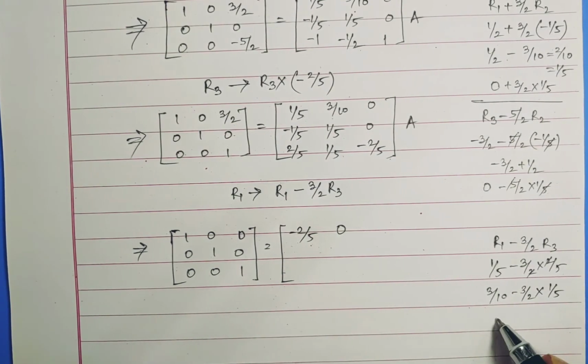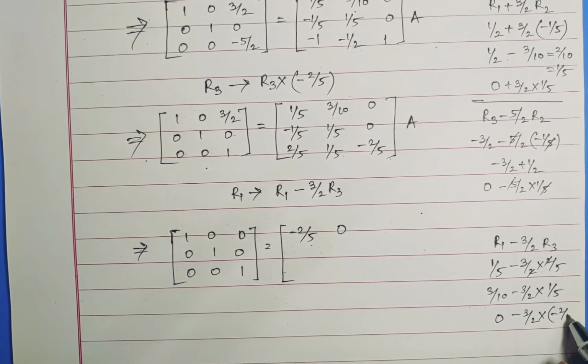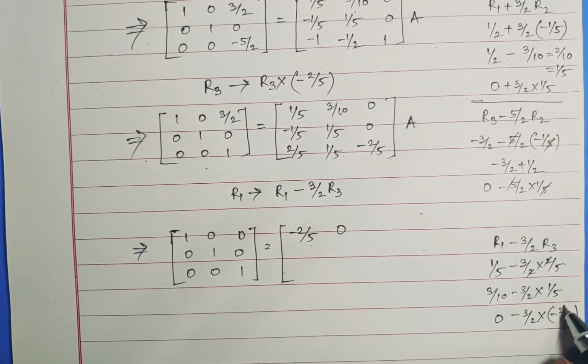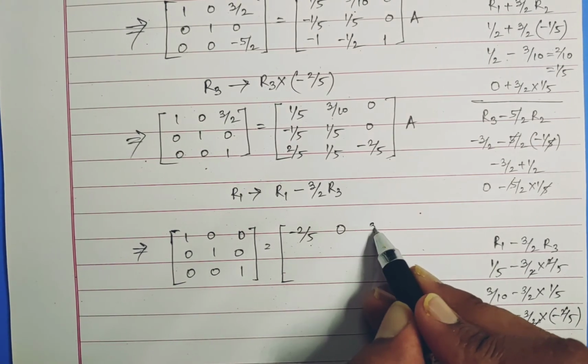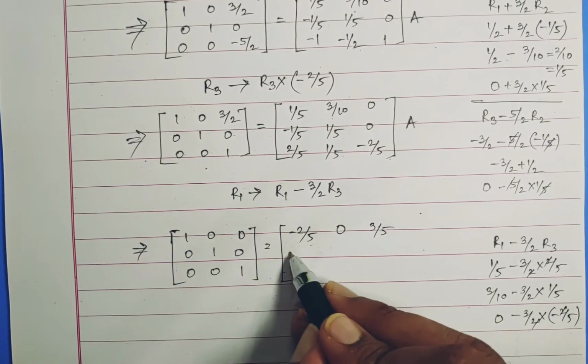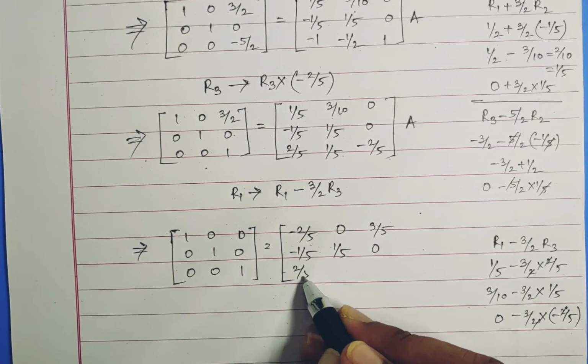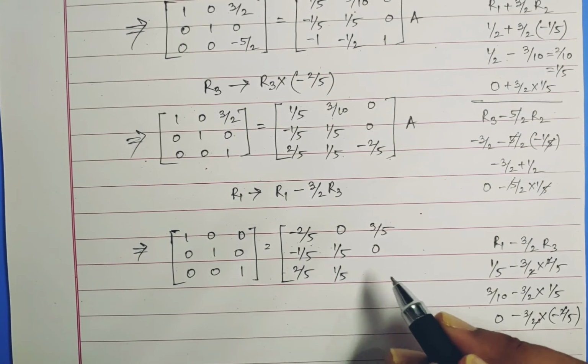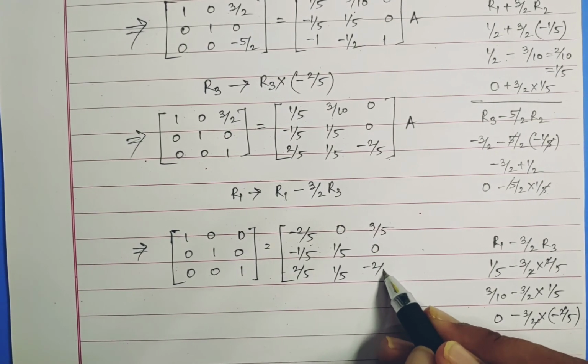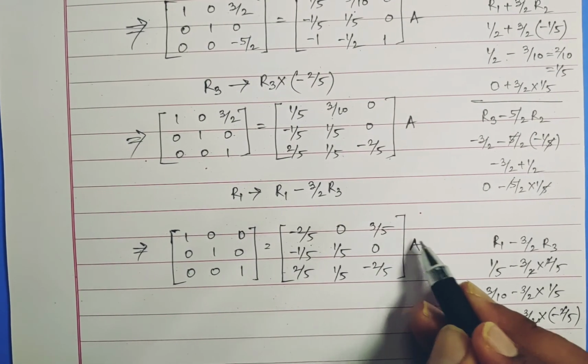Okay. Now the next element, last element, 0 minus of 3 by 2 into minus 2 by 5. So minus 1 becomes plus, 2 2 gets cancelled. So this one is becoming 3 by 5. So the remaining element will be same as this one. So we have 2 by 5, 1 by 5, minus 2 by 5, A.